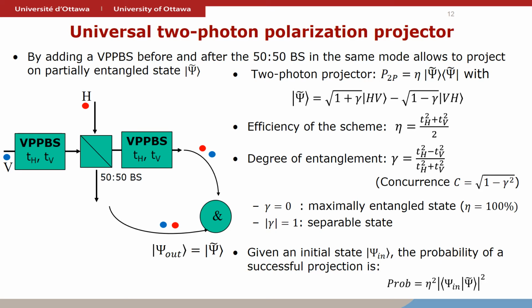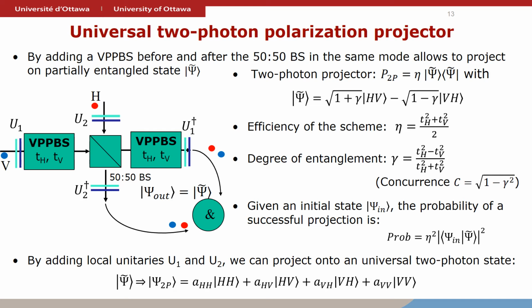If gamma is equal to 0, then the state is maximally entangled, and in this case the efficiency of the system is 100%. If gamma is equal to 1, then we have a separable state, and if gamma is between -1 and 1, then it will be a partially entangled state. So given an initial state psi in, the probability of successful projection is given by the formula written at the bottom of this page.